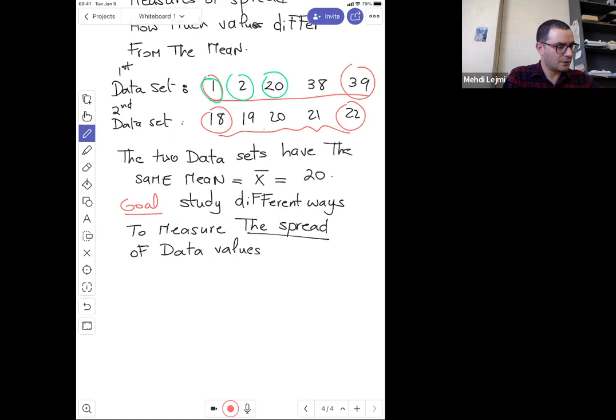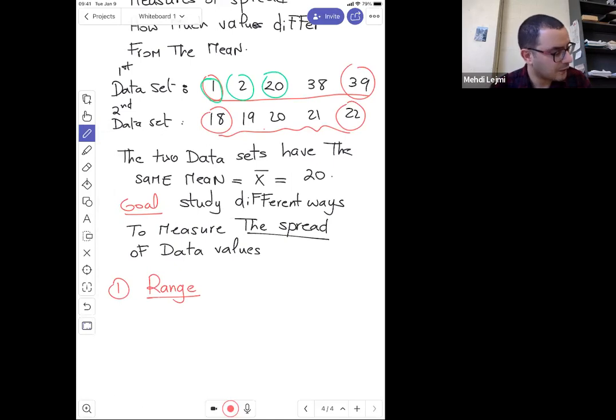So first, one, the range. Okay. So what's the range? The range is very simple. It's just the difference between the largest and the smallest data values, right?